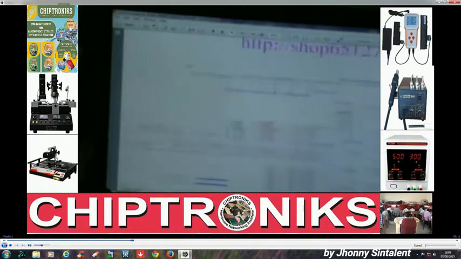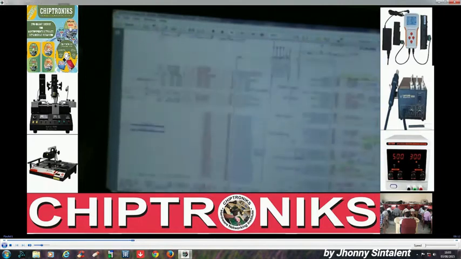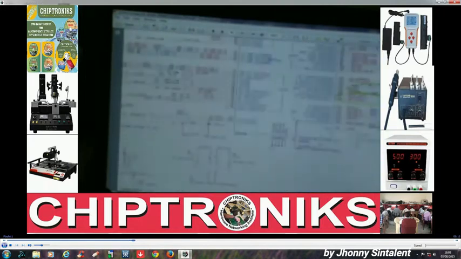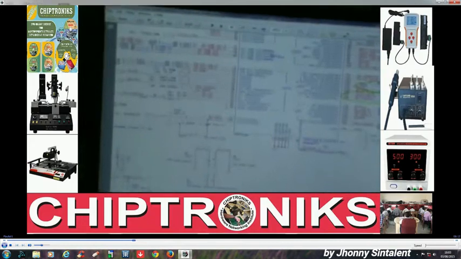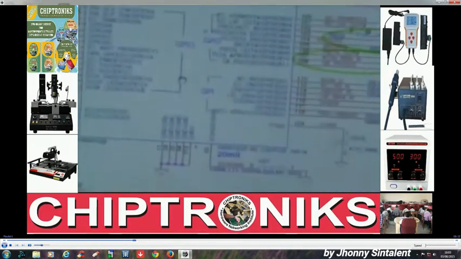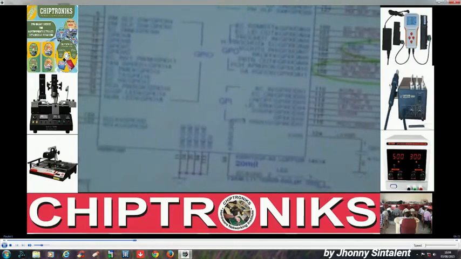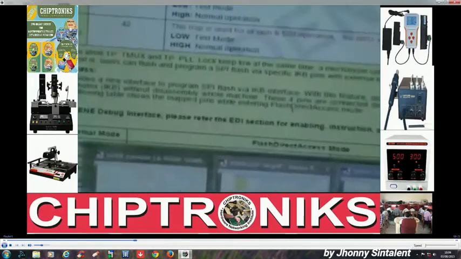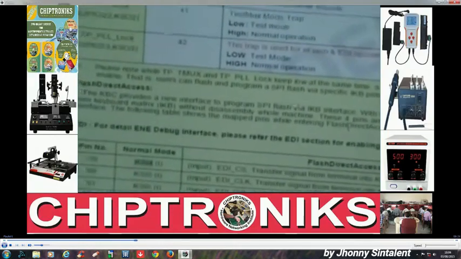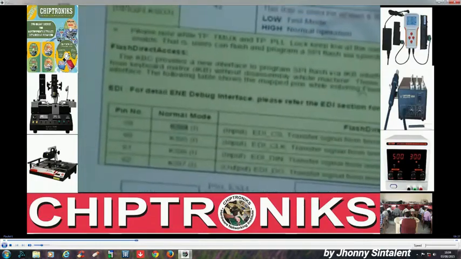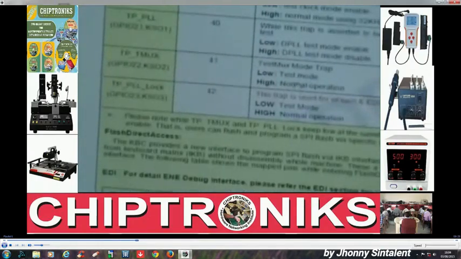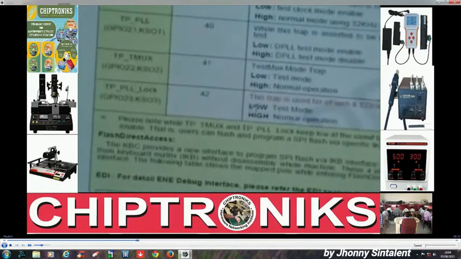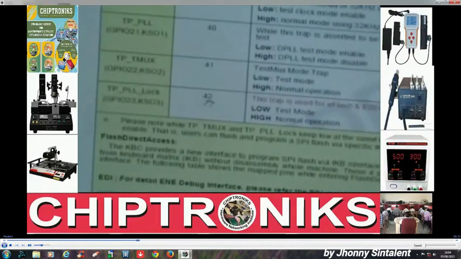Yes. So this is my IO controller, KB9012QFA3. Okay, and we go again to our 9012QFA4 data sheet. So the first important thing to notice is pin number 42.